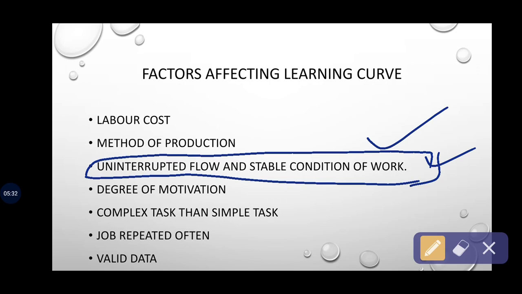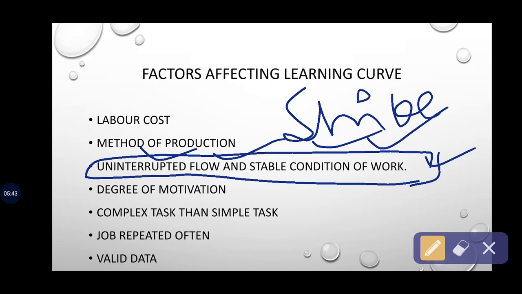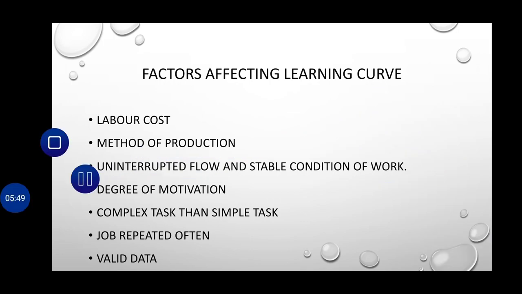If the company is not working for the welfare of the employees, then there will be interruption in the flow and stable condition of work, like strikes, lockouts and protests. Next is degree of motivation.